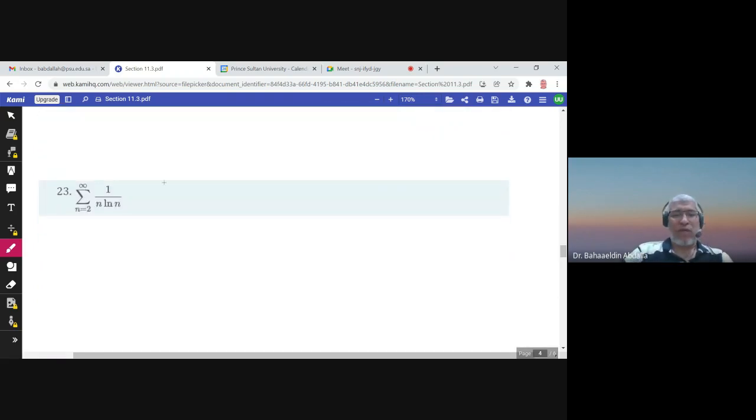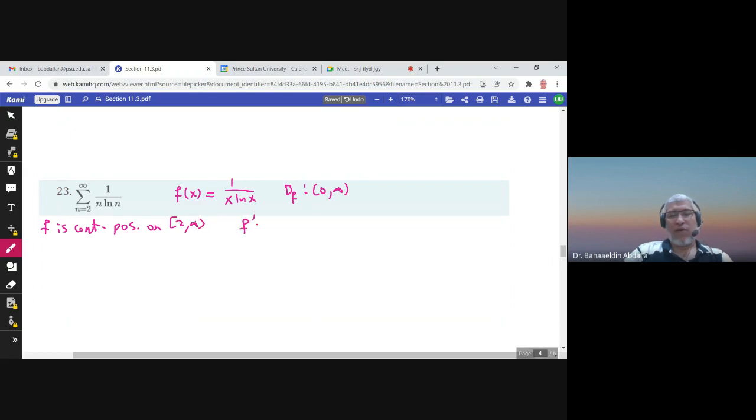So immediately I consider the function f of x equals 1 over x ln x. And I can see that the domain of this function is from 1 to infinity. So from 2 to infinity, f is continuous, positive on 2 to infinity.